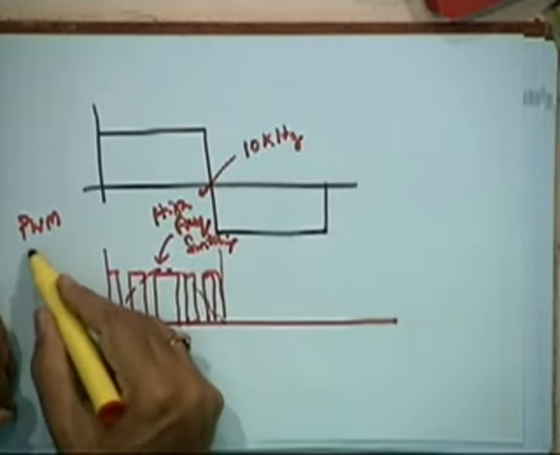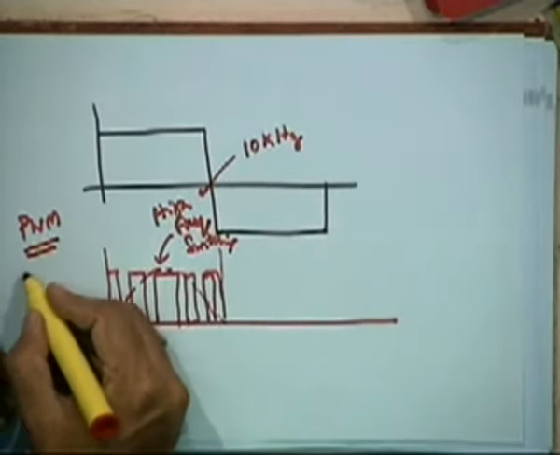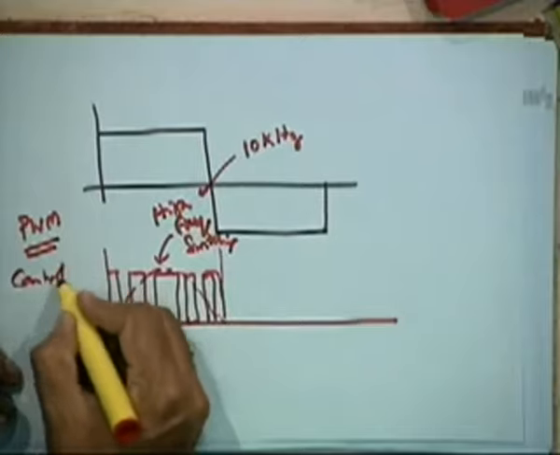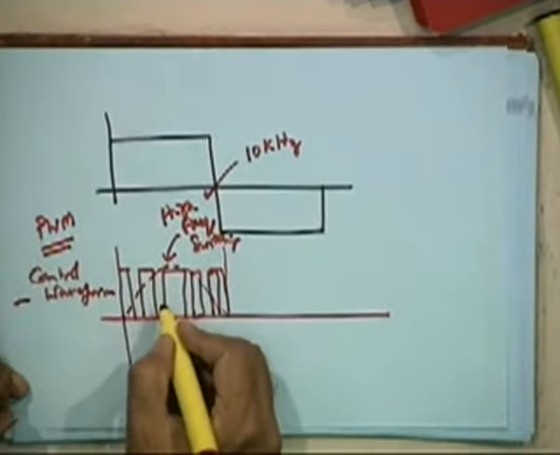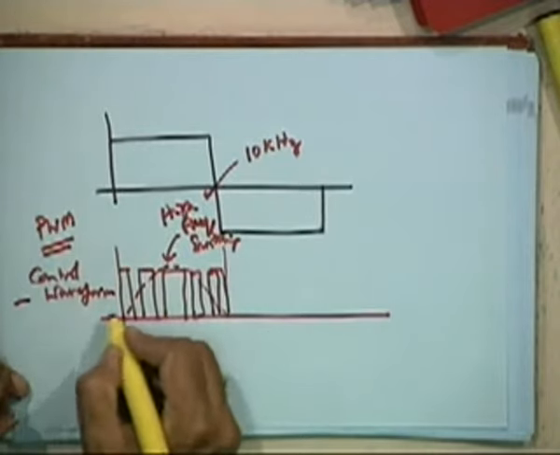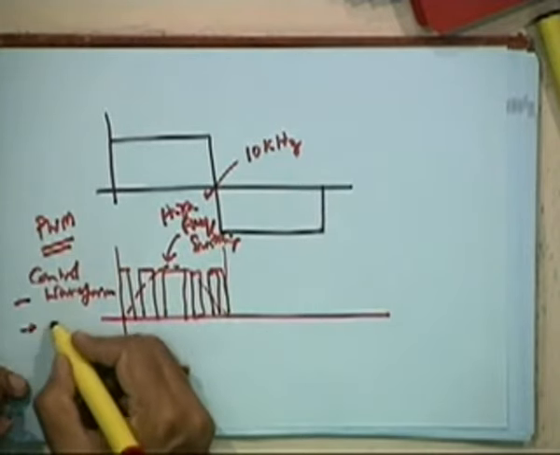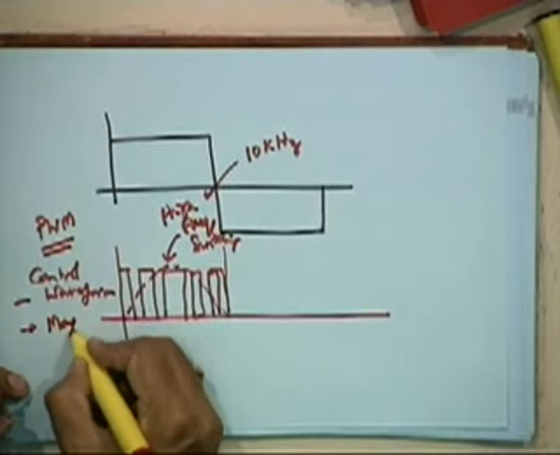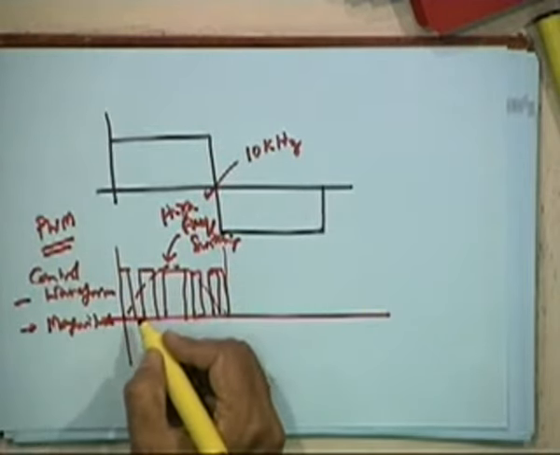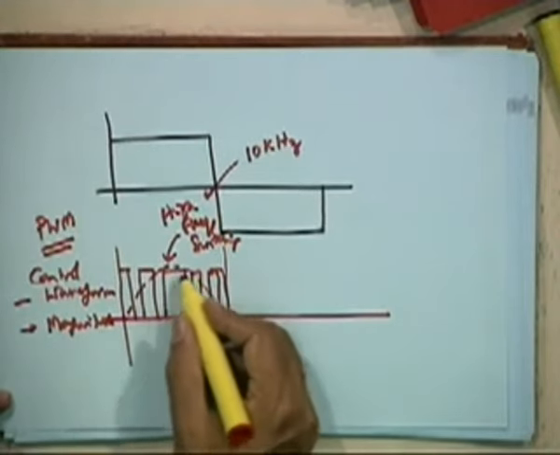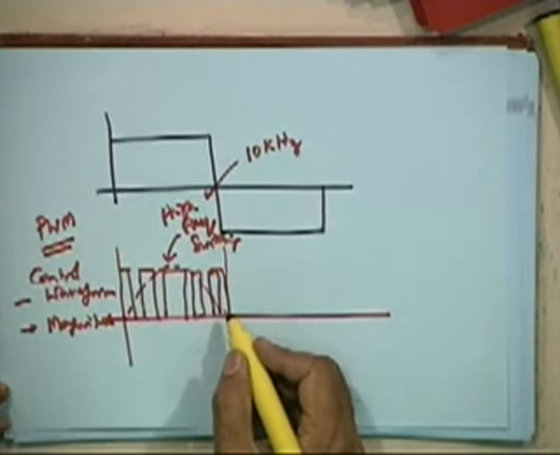And in this modulation you can control the waveform, and you can also control the magnitude, because if you have more off times than on times, the RMS value of the waveform will also change.